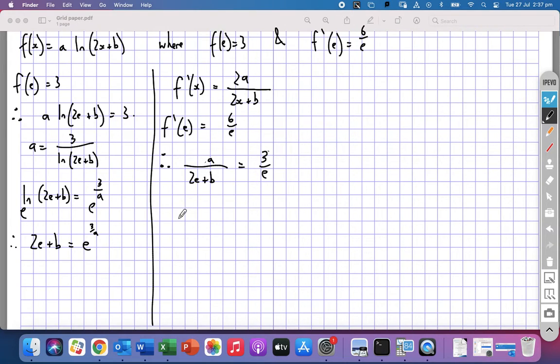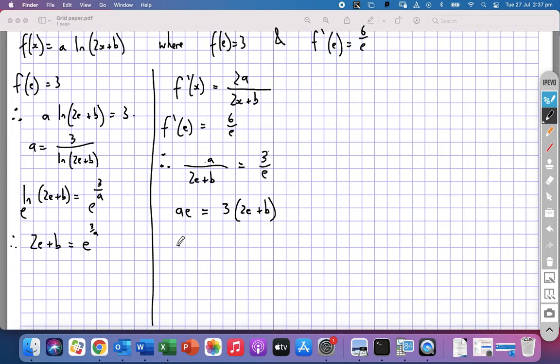We need to do a bit of rearranging. We could say a times e, or we could just leave it as an a equals. So with these questions, maybe it's not exactly clear where to go. That's okay, you can do a bit of rearranging.